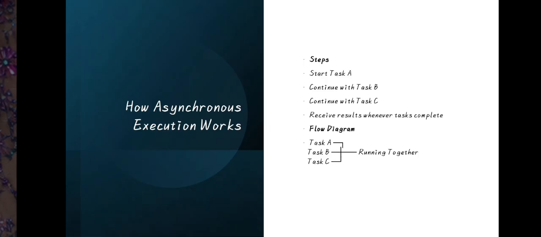How asynchronous execution works. Steps: start task A, continue with task B, receive result when a task completes. Flow diagram: at the time task A runs, task B is running together.